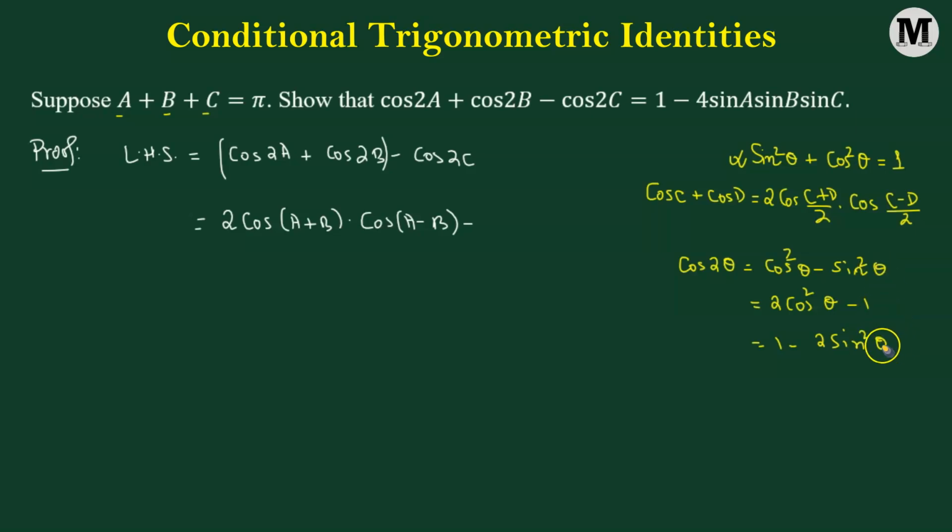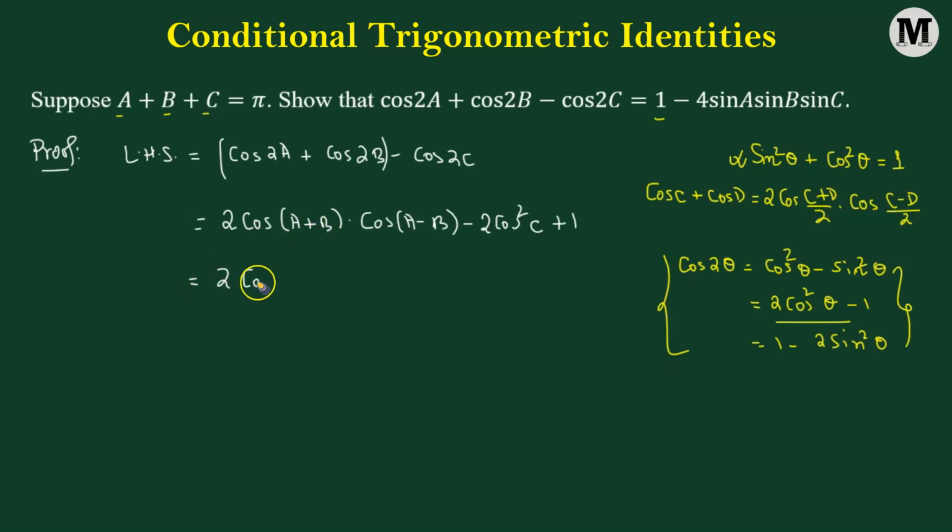From these three forms, we take the one that gives a positive 1, because we need a positive 1 on the right hand side. Since we have negative cosine of 2C, we take 2 times cosine squared theta minus 1. So for our case, negative cosine of 2C becomes negative 2 times cosine squared C plus 1.